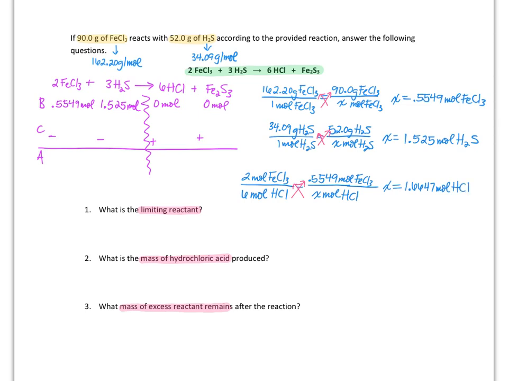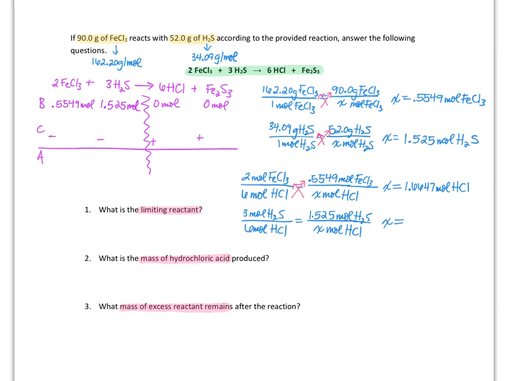Okay. Now, looking at the H2S, hydrogen sulfide, I know I have 3 moles of H2S. That also makes 6 moles of HCl. This time I have 1.525 moles available of the hydrogen sulfide, and we're looking for how many moles of HCl that'll actually produce.